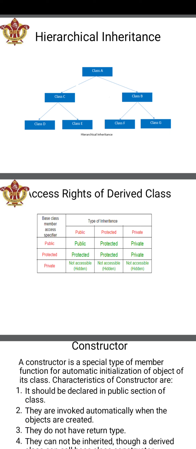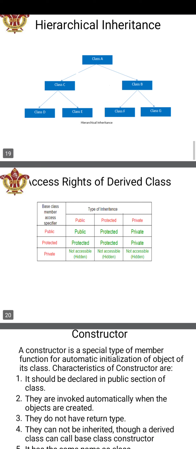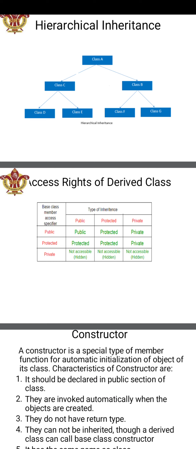If I inherit using protected, then all the members will become protected members of the derived class. That is, the public and protected members of the base class will become the protected members of the derived class. Private members are not inheritable. Again, if I inherit privately, then all the public and protected members will become the private members of the derived class, and private members are not accessible.